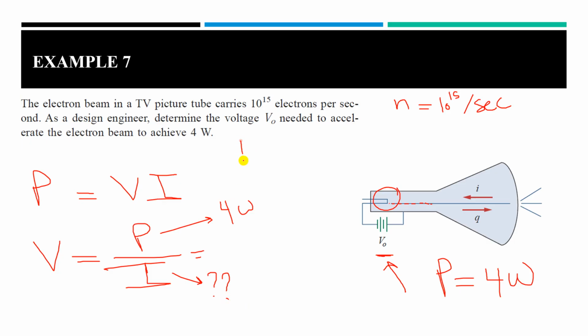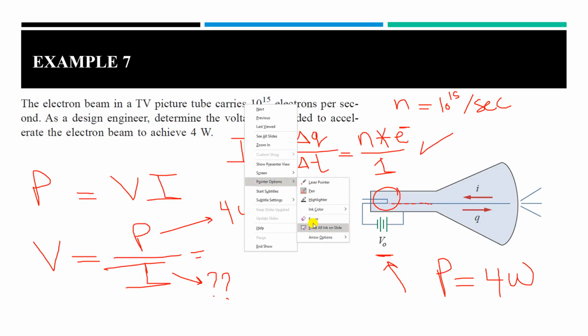If you remember, current is equal to dq over dt, or delta q over delta t. So in 1 second, how many charges will we have? The number of charges is equal to the number of electrons multiplied by the charge of 1 electron, which is 1.602 and so on, and the number of electrons is 10 to the power 15. From here we can get the current.